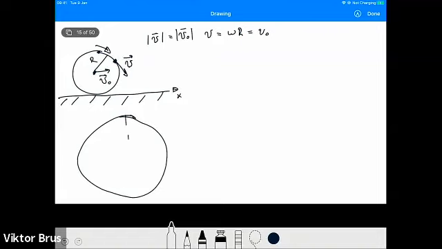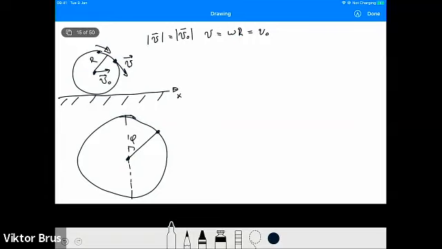and try to figure out how to answer this question. So let's say this is our radius, this is the angle, let's call it phi. Here is our point on the wheel.